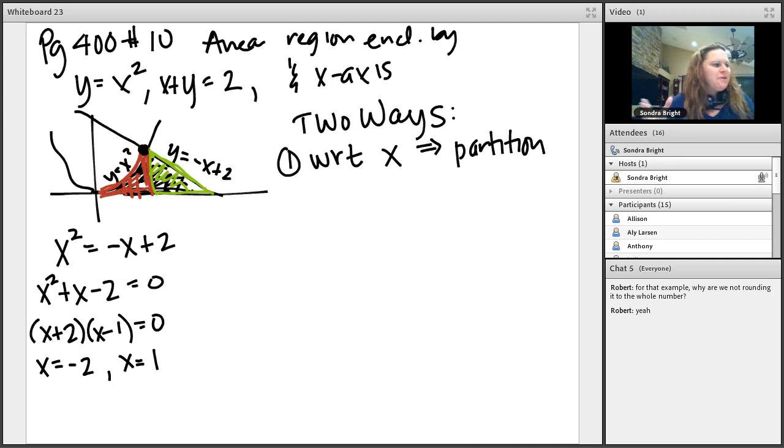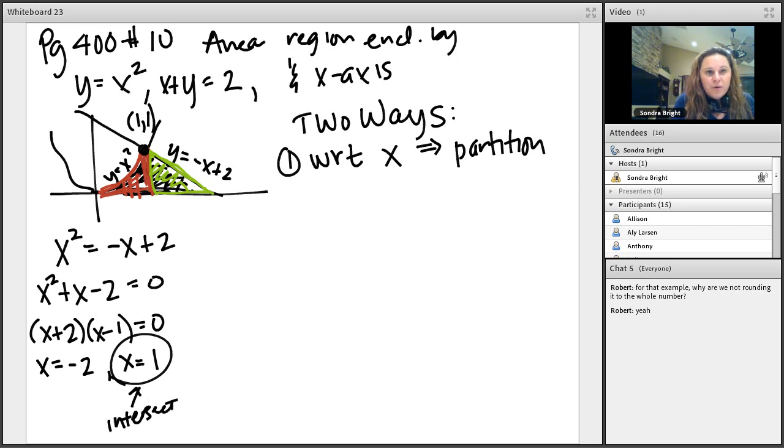It probably said something about quadrant 1 also. So this point right here, 1, 1, is going to be your intersection point, where the two graphs intersect. So that's also where you're going to split it up.